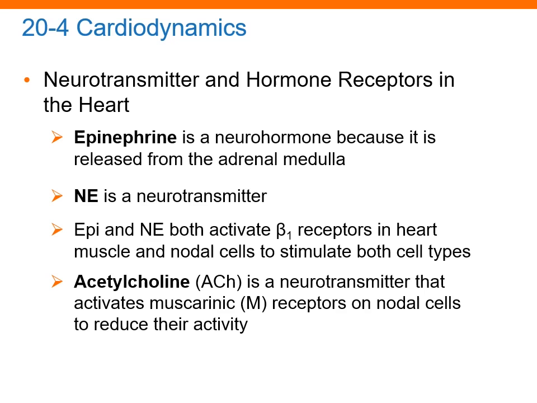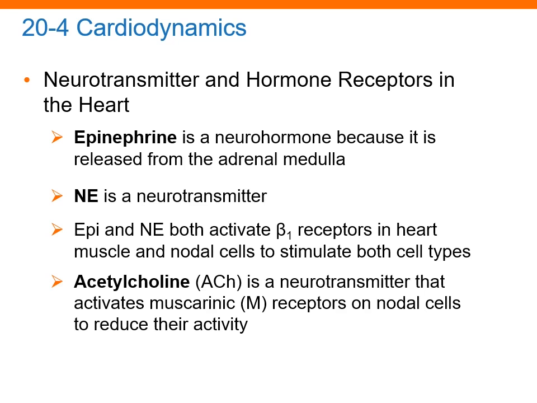The structure is very similar, except it's got an extra methyl group. Epinephrine, though, is a neurohormone, and that's the main point I was making, because it's released from the adrenal medulla. That's different from norepinephrine because norepinephrine is a neurotransmitter, mostly released from neurons.